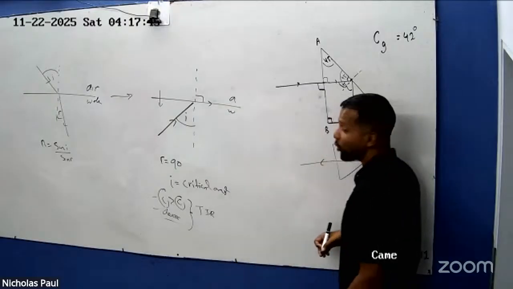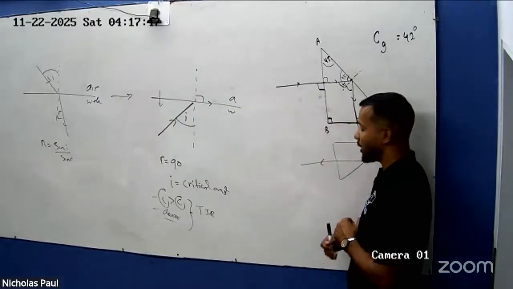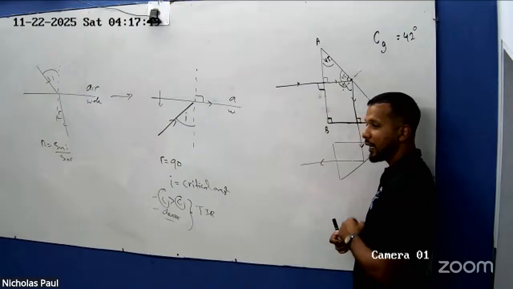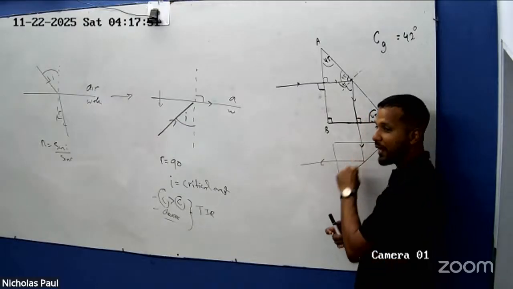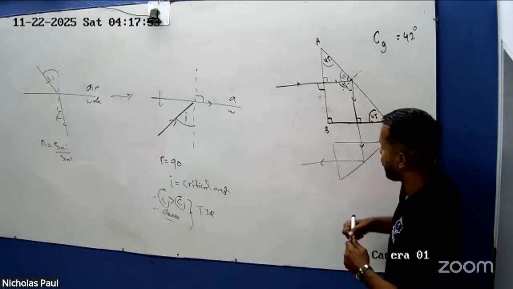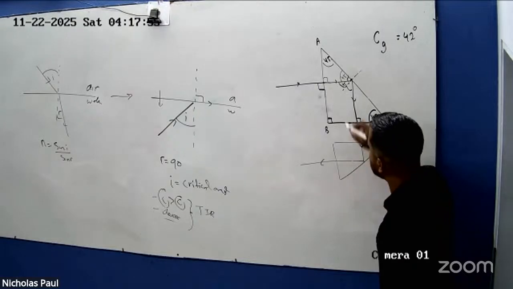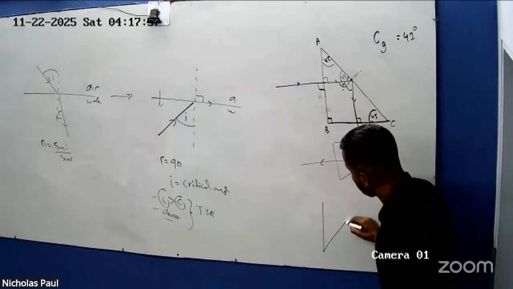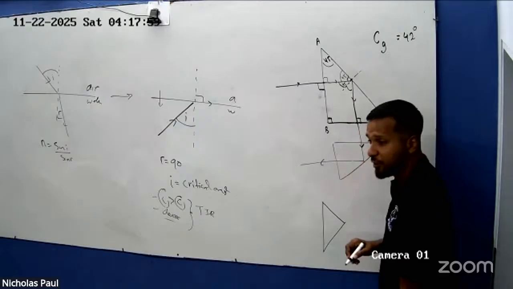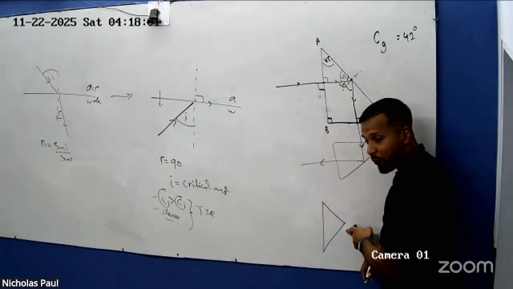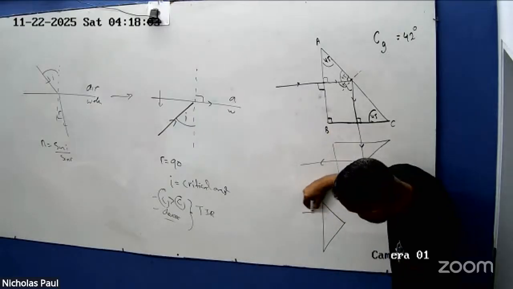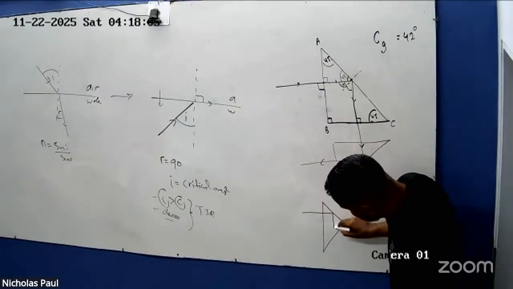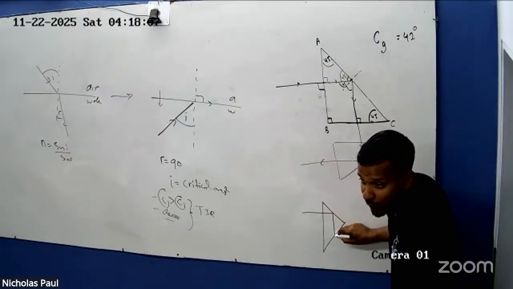Change the orientation of it here, and how will it look? It will look like these two combined, right? So instead of using two, we could just align one like this. The ray would enter here, totally internally reflect here. What will happen here?